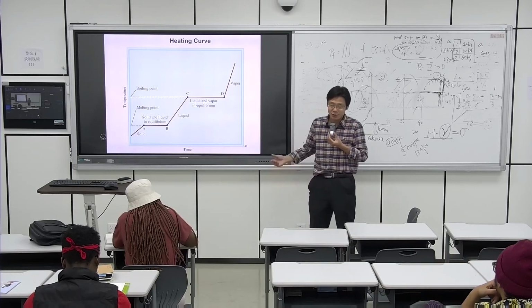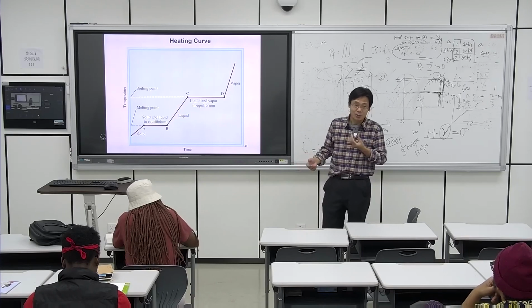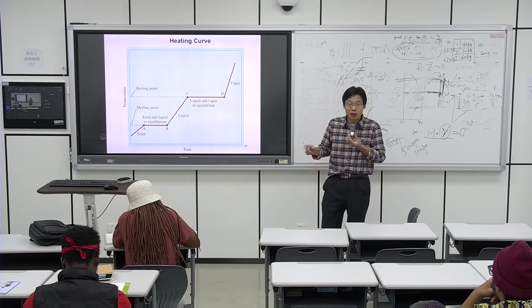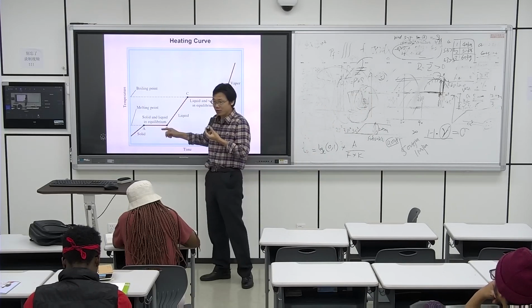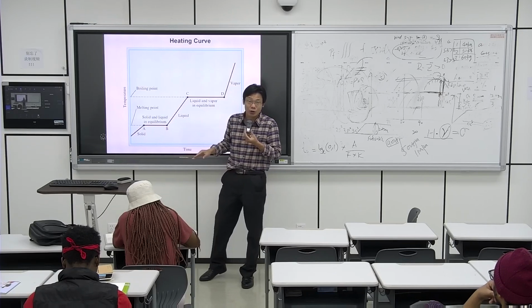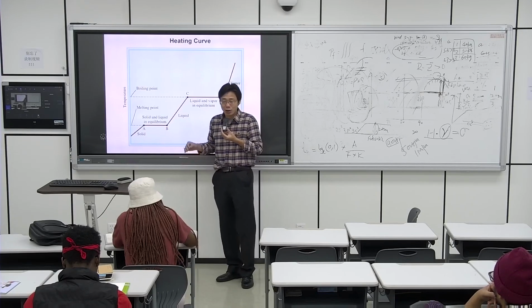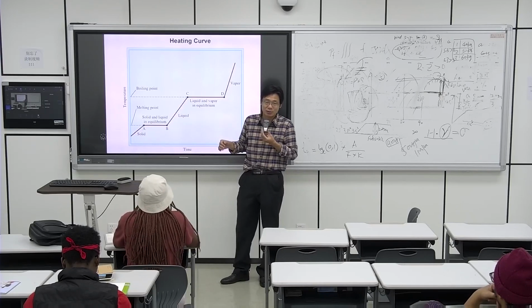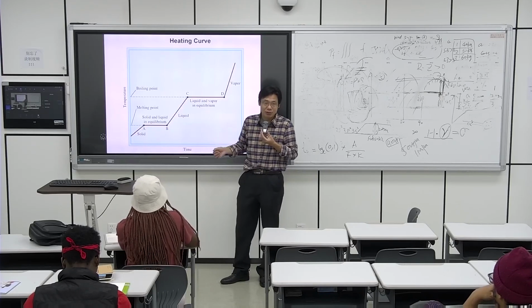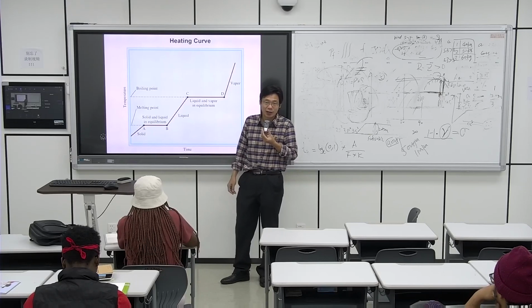Yes, because the energy is absorbed by the substance, changed from solid to liquid. So during the melting time, the temperature will not increase. All the energy is used for melting the solid.